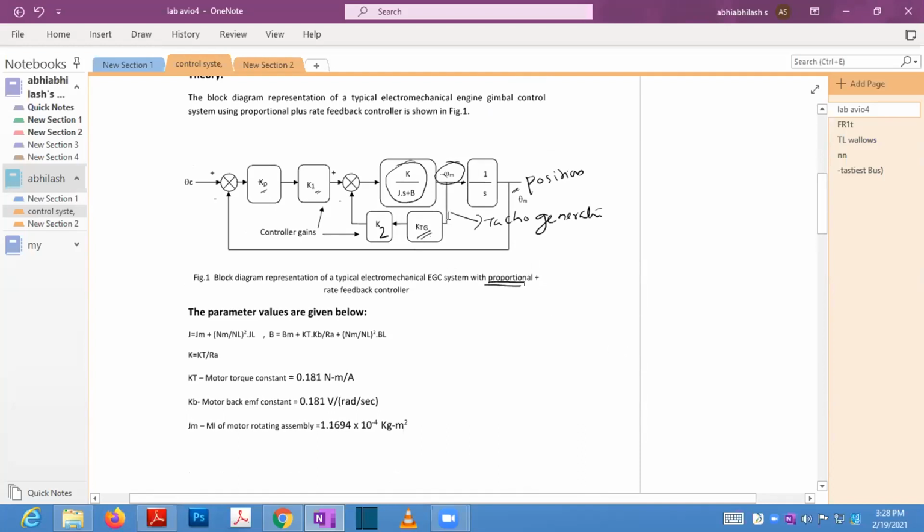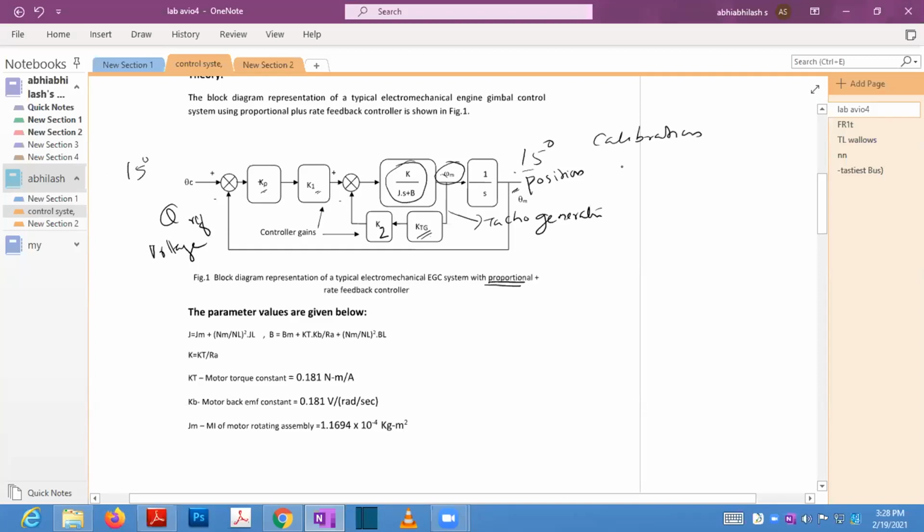We are measuring using a tacho generator and a position sensor. And here it is theta C. So we are giving a theta reference in terms of voltage. If you need 15 degrees, corresponding to this sensor, a position sensor will be there, and that sensor calibration will be there.